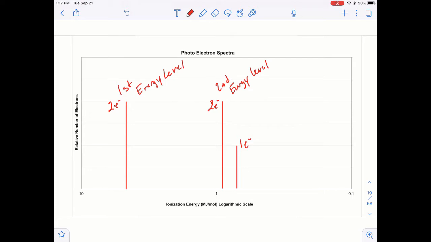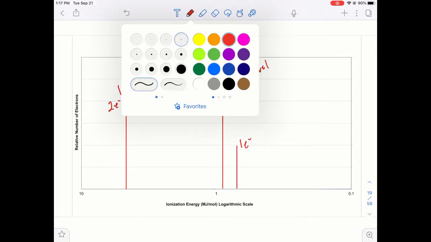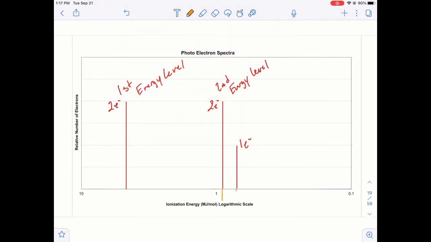The main difference is that we have very small difference in ionization energy between these two lines that represented the second shell, whereas we have a very large difference between two different shells.